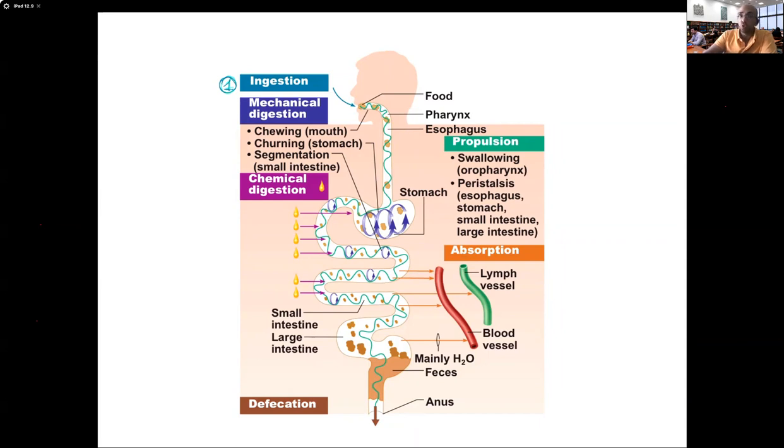In order for me to be able to utilize the different nutrients in the food I'm eating, I need to break down this food on a mechanical level and on a chemical level. So if you get bread and you put the bread in the blender, did you change the chemical structure of this bread? What do you think?